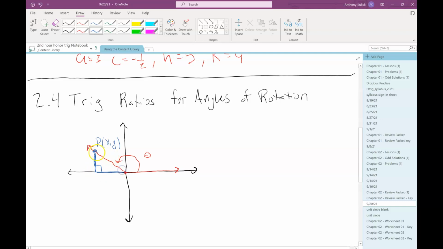And what have we made by doing that? A right triangle. Everybody see that? So I'm going to refer to this angle here as alpha. That's the Greek letter alpha. It looks like a fish, like that Jesus fish.